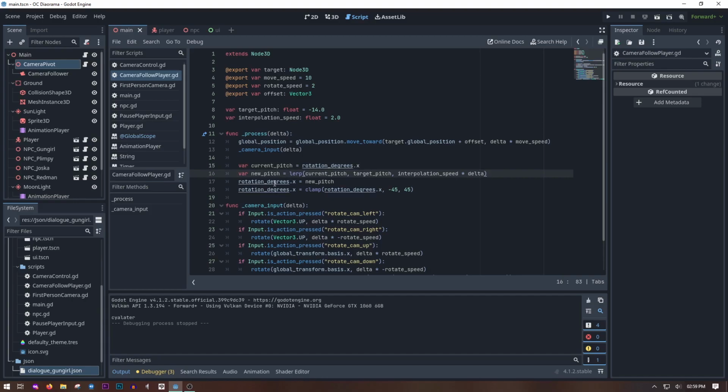So outside of that variable, we got two variables defined there, and then rotation degrees x equals new pitch. So what this is doing is every frame, the rotation degrees is becoming the new pitch. So the current pitch is becoming the new pitch, and the new pitch is defined as this.